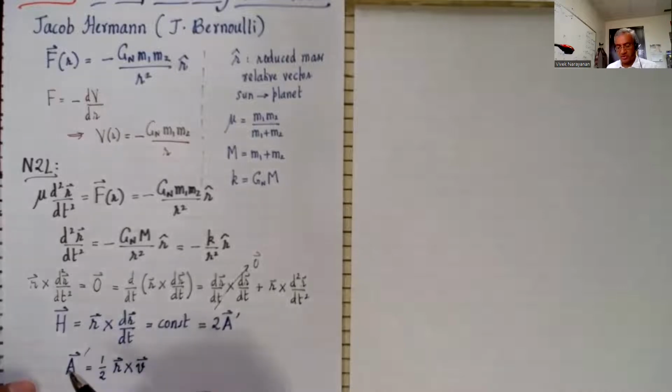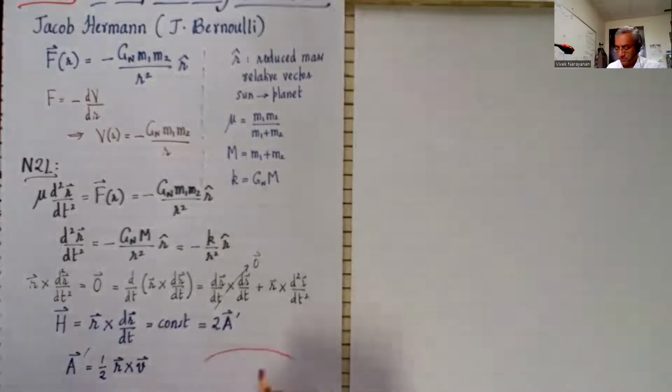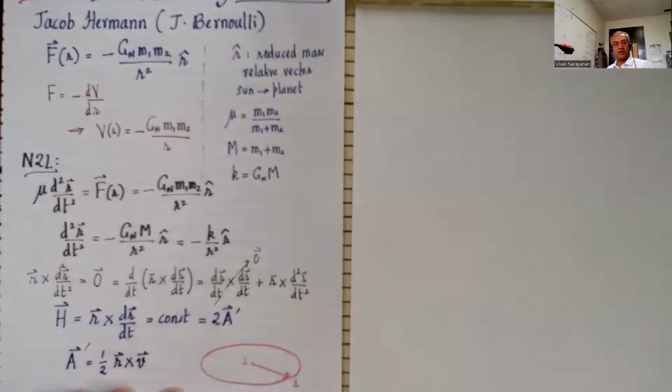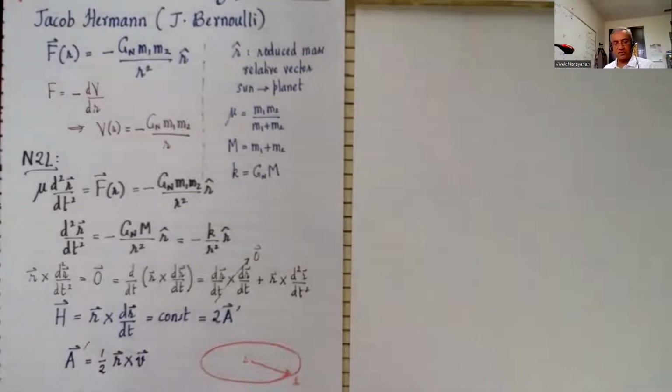So a prime. Let's just look at this quickly. Here's your orbit. The sun is in the middle. That's your object 2. The Earth is object 1. So that is the radius vector r.